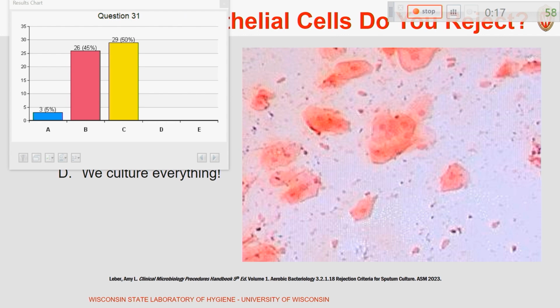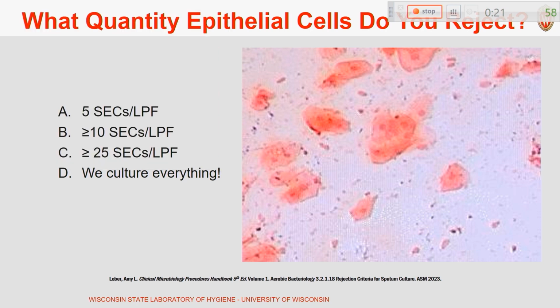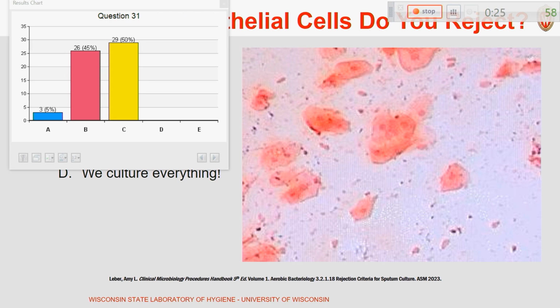So, a pretty good split between B and C. B being greater than 10 squamous epis and C being greater than 25 squamous epis, which is interesting, because what I was used to practicing and what the literature listed below now states are different things.